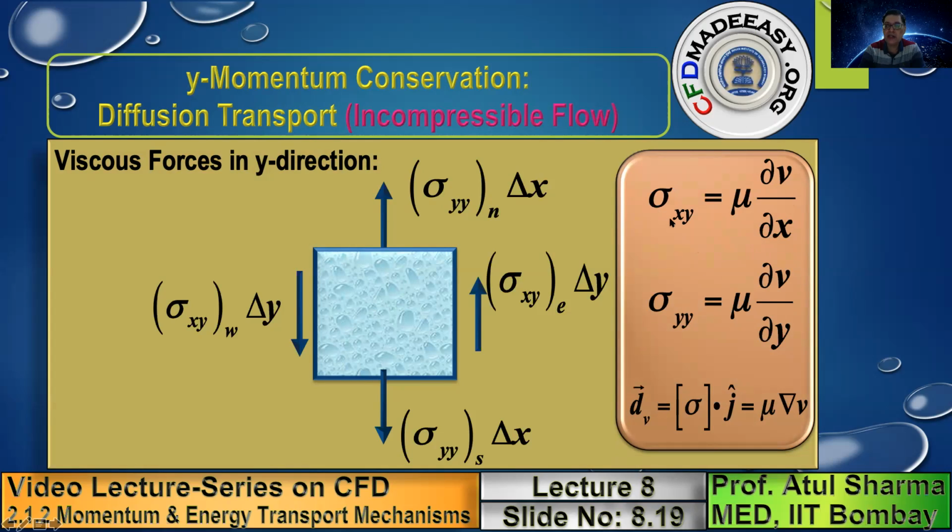Instead of 2 mu del v by del y you get mu del v by del y here, and sigma xy equals mu del v by del x plus del u by del y. In this del u by del y, it doesn't have a 2, and this 2 gets simplified as shown here. The diffusion flux in the y direction is given by this expression as shown here.